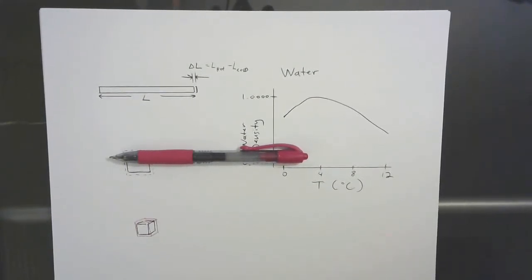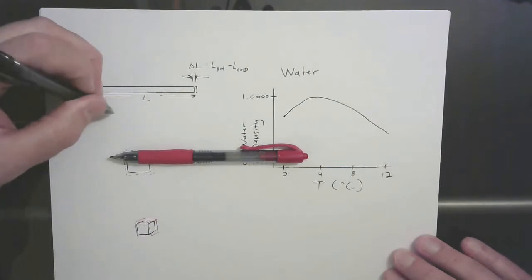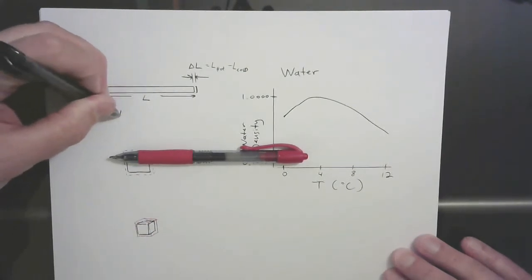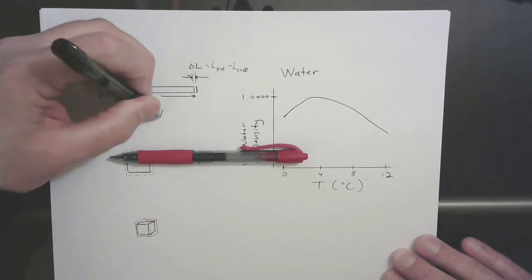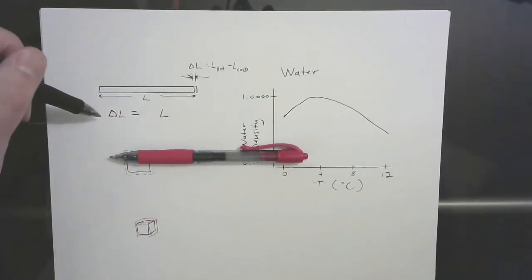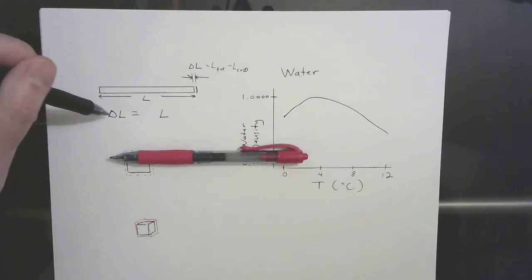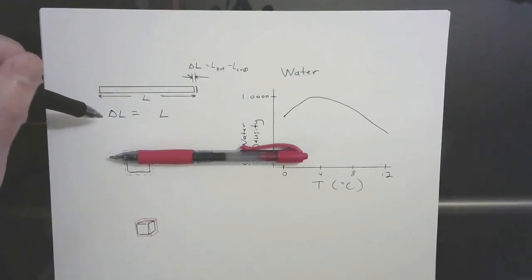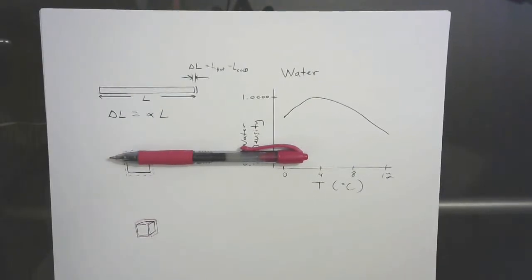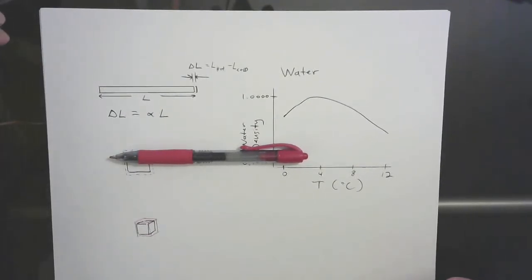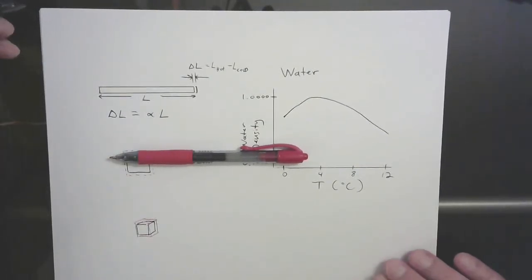Simple formula going along. What you need to do is look up an alpha coefficient. We've had lots of coefficients before. And the formula you want is that this delta L is proportional to the length. So as you get a longer bar, you're going to get more change in the length. And it's also got a coefficient. We usually call it alpha. And that's the coefficient of linear expansion.